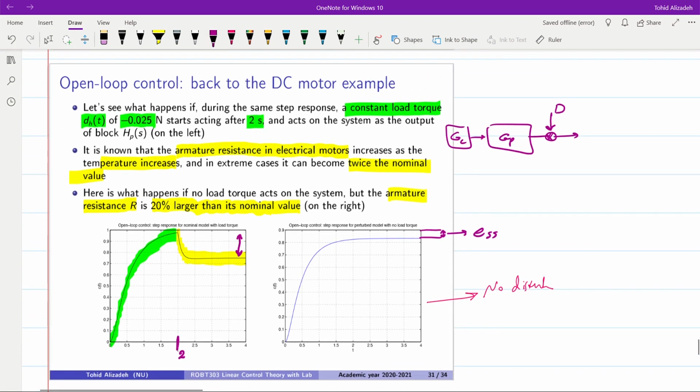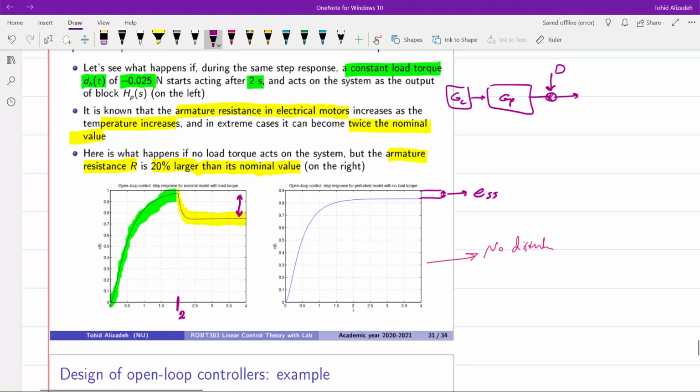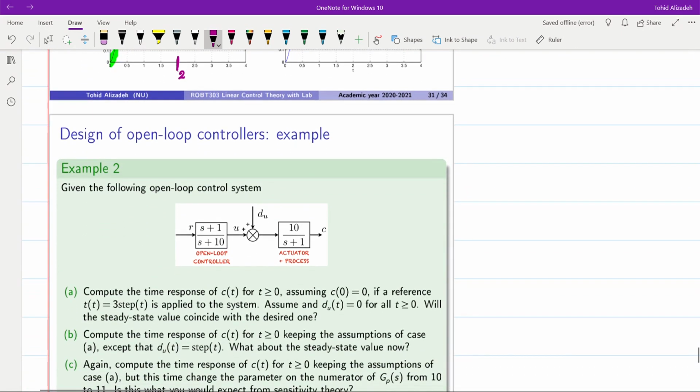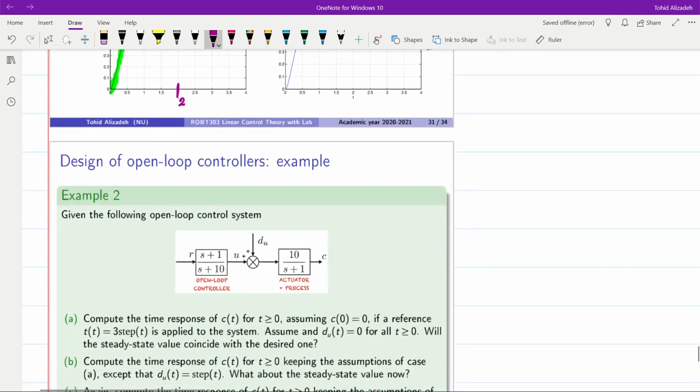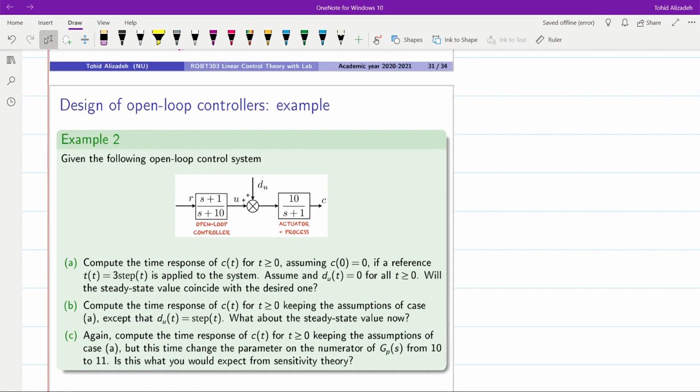So if any parameter in the plant changes, we will not have the zero steady state error as we expect. Alright, in the next video I will go through this example and then we will finish this lecture.